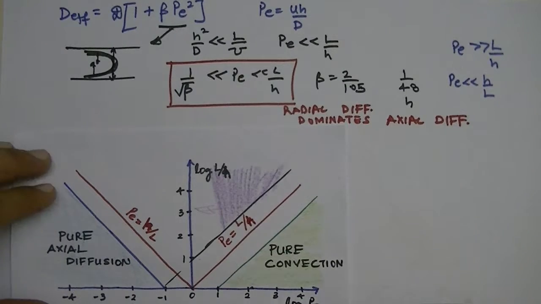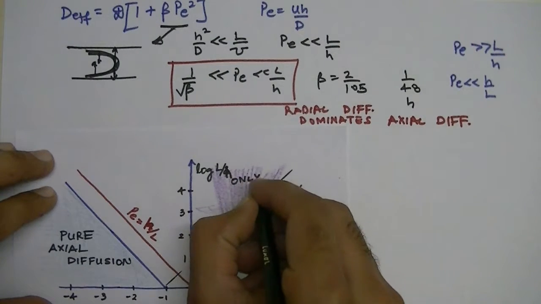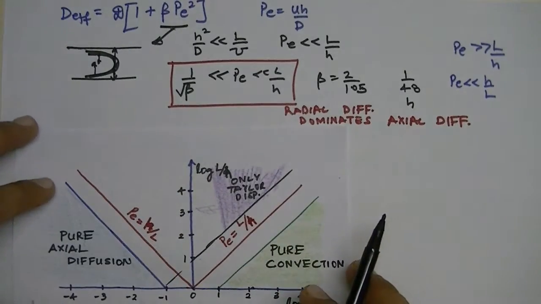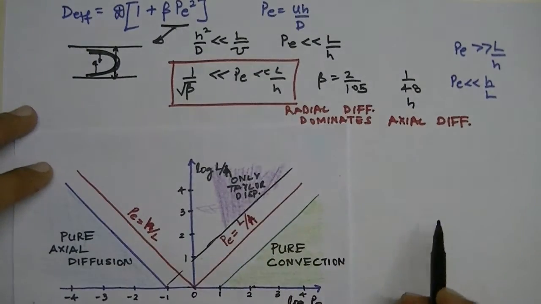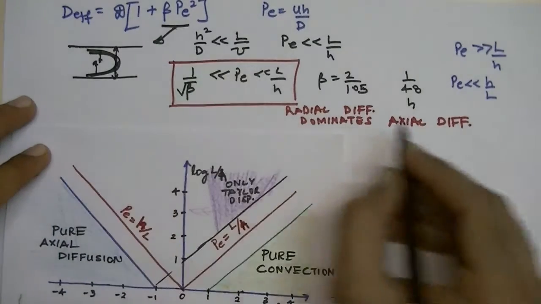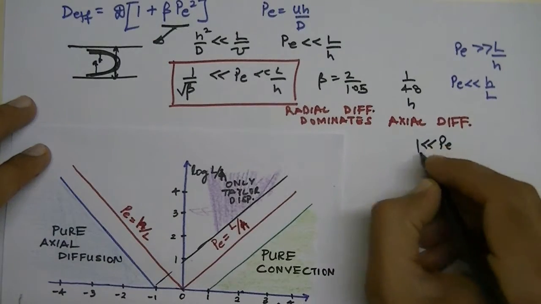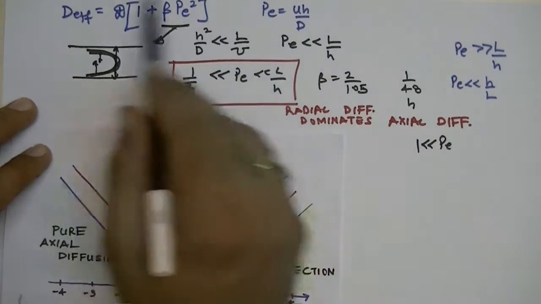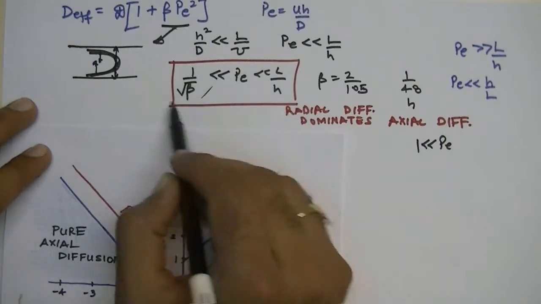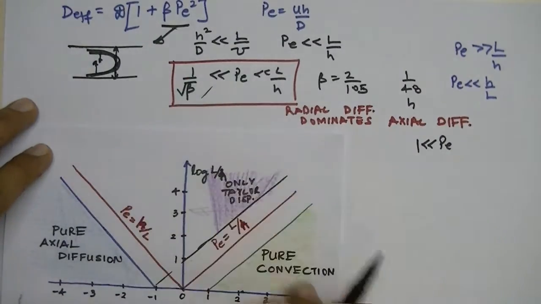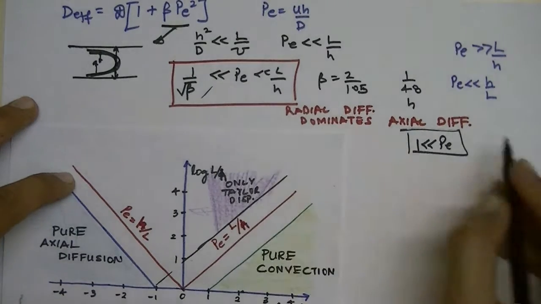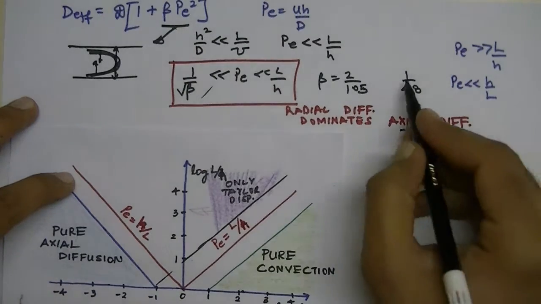So we have only Taylor dispersion in this particular regime, and recall that earlier we had said that Taylor dispersion takes place when Peclet number is significantly larger than 1, but based on our detailed analysis, we have been able to refine this limit as actually 1 over square root of beta, which certainly obeys this relation, because beta is, let's say, 1 over 48.